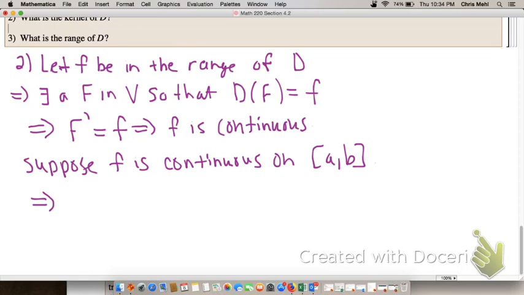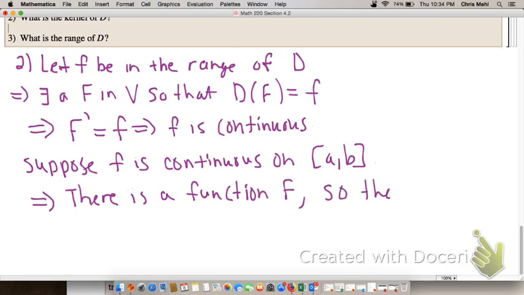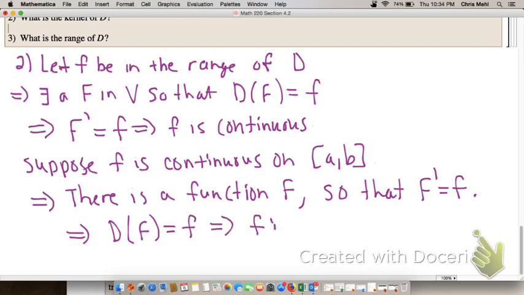Therefore, it has to have an antiderivative. So, what this implies is there is a function capital F, which is the antiderivative, so that F prime equals f. Okay, and that implies that D of F equals lowercase f, which means that f is in the range of D.